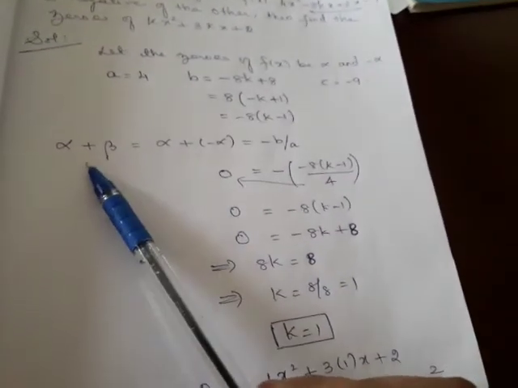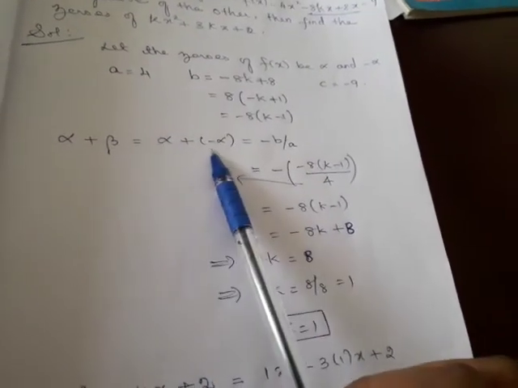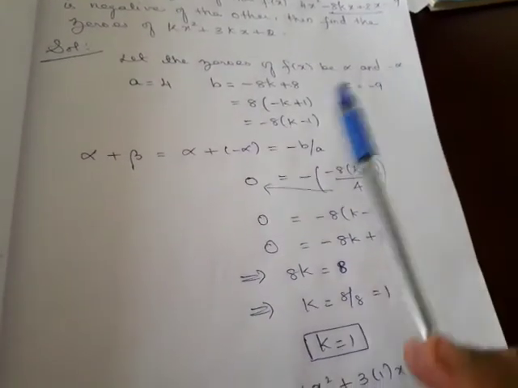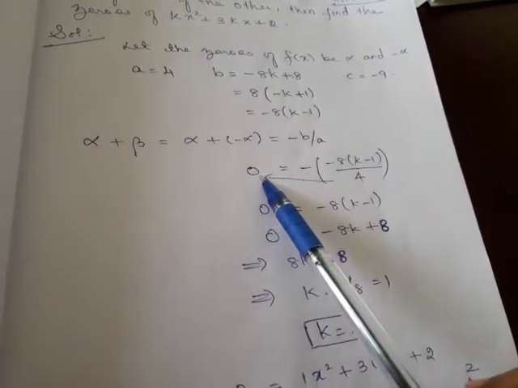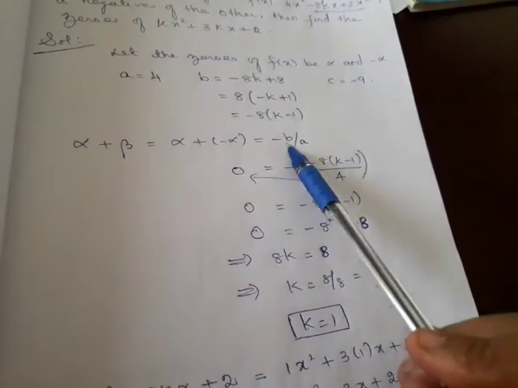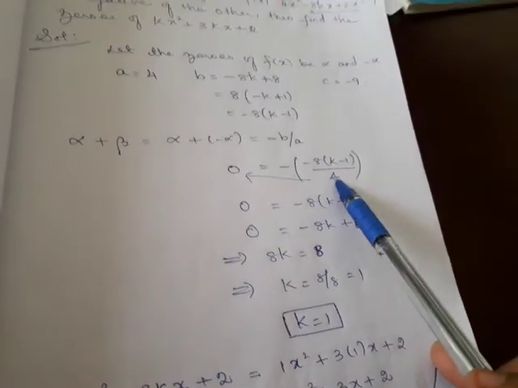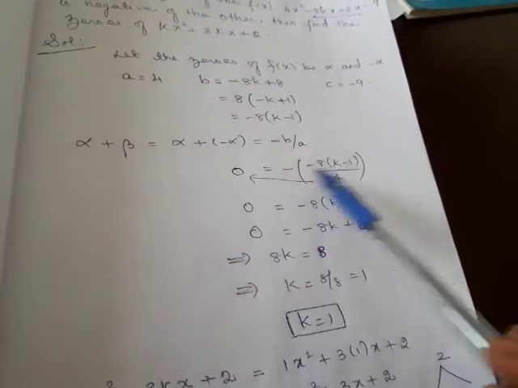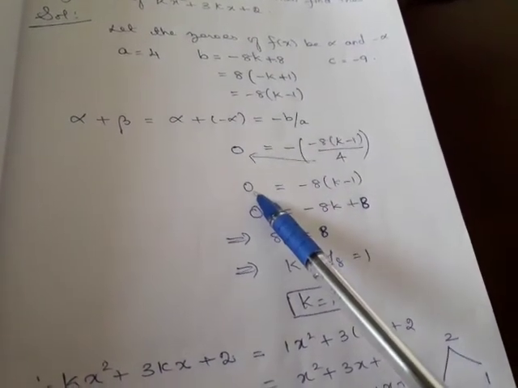Now as usual, find alpha plus beta. In place of beta I have replaced it with −alpha, because in the question it is given, and the sum is −b/a. So alpha minus alpha will become 0. In place of b, the value is −8(k − 1), divided by 4, because the a value is 4. If we bring 4 to the other side, 0 into 4 will become 0.